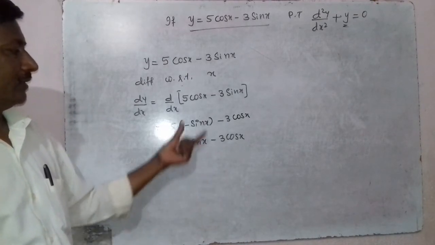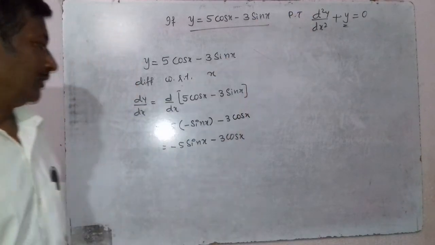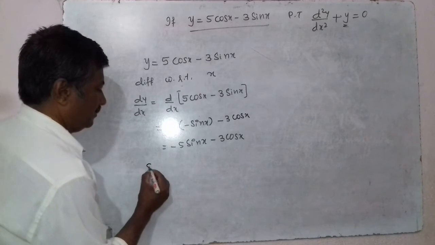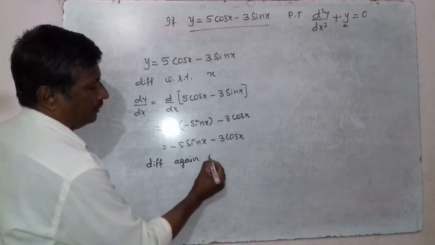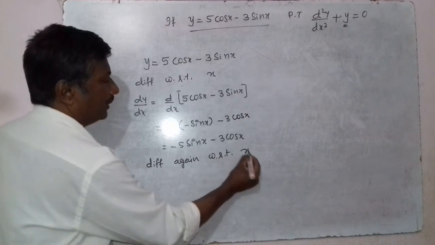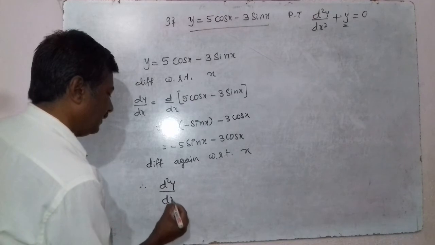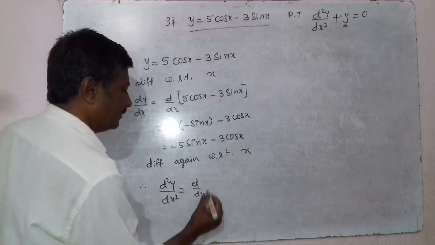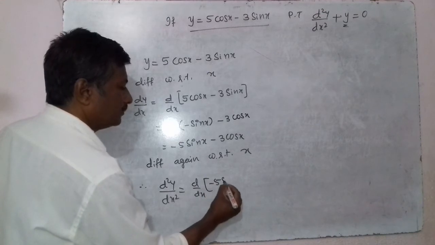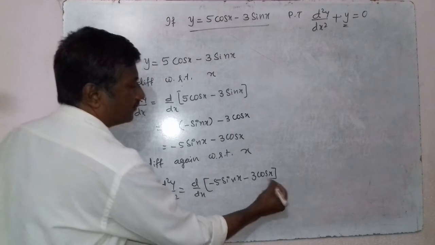So differentiate once again to get d square y by dx square. Therefore, differentiating again with respect to x, d square y by dx square equals d by dx of (minus 5 sin x minus 3 cos x).